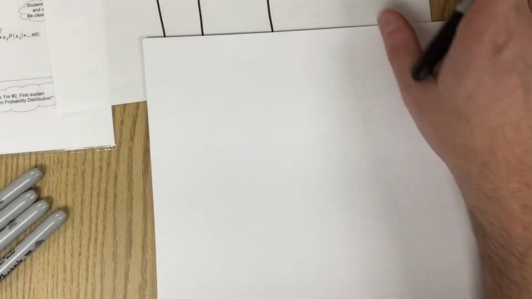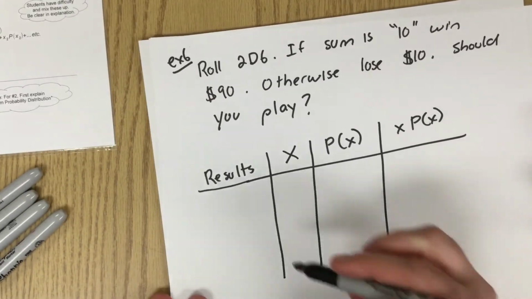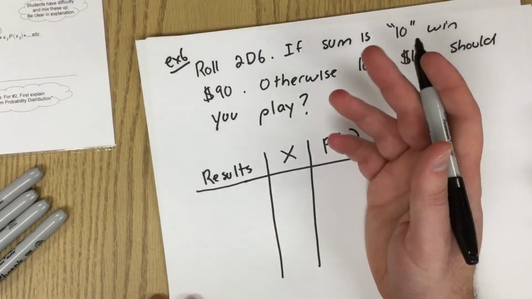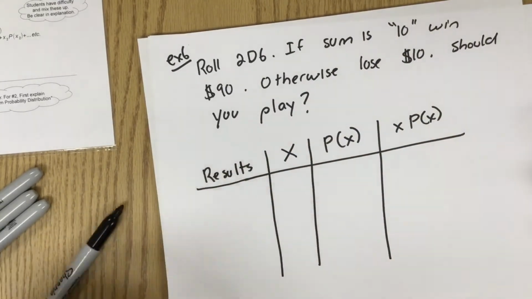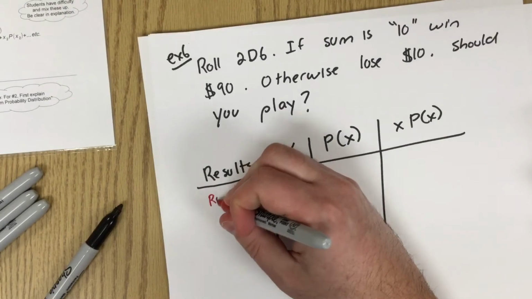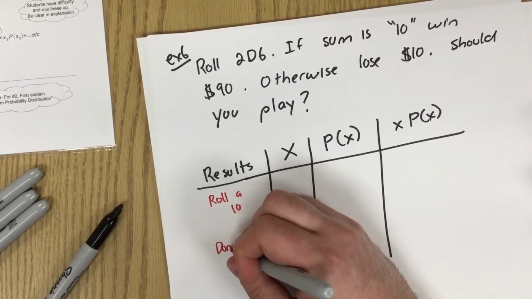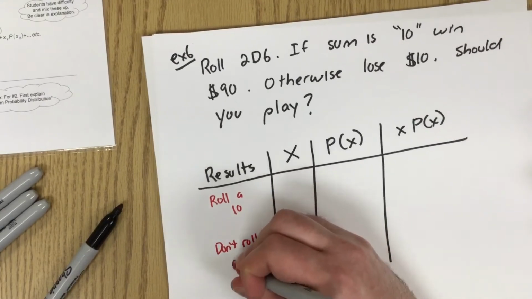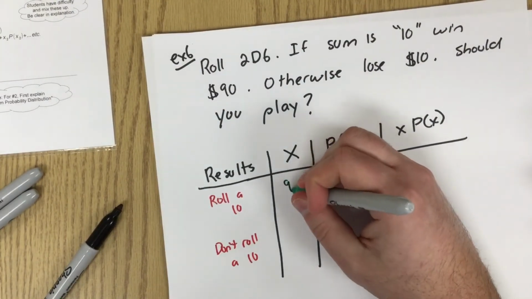What we're going to do instead is we're going to say the results are either that you roll a 10, or you don't roll a 10. And if you roll a 10, that's going to be worth 90.